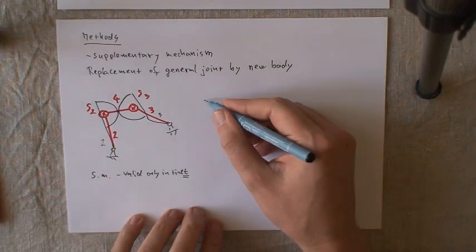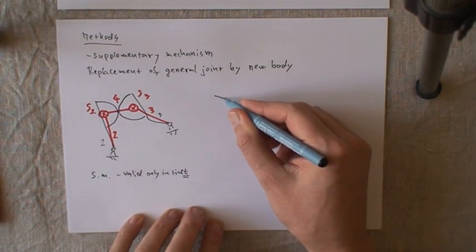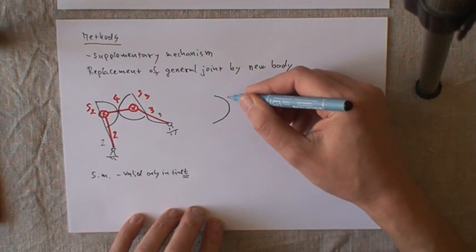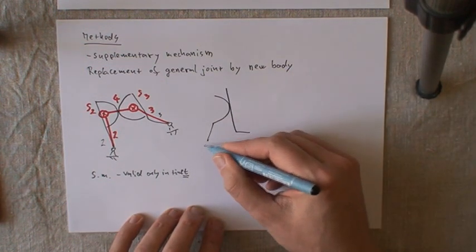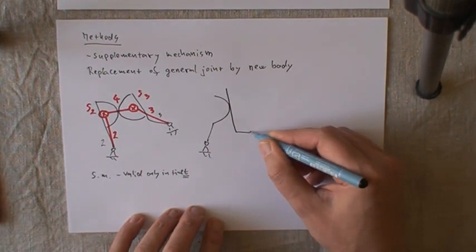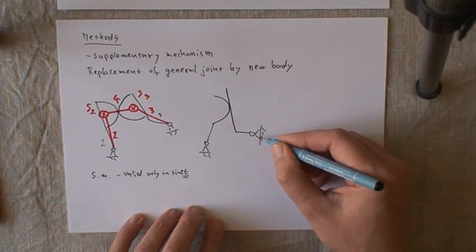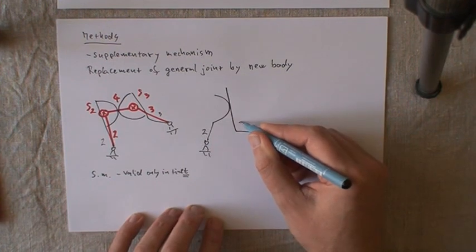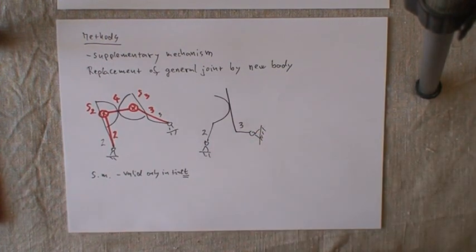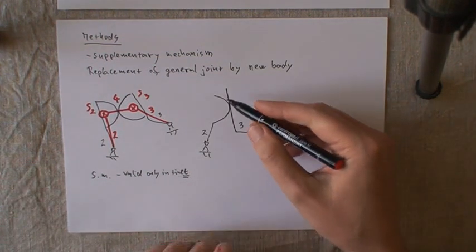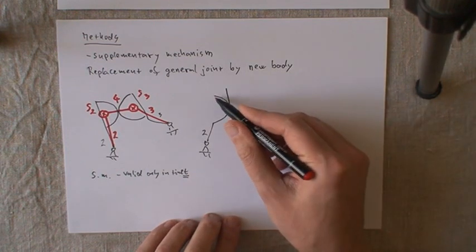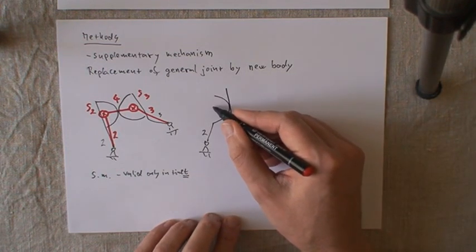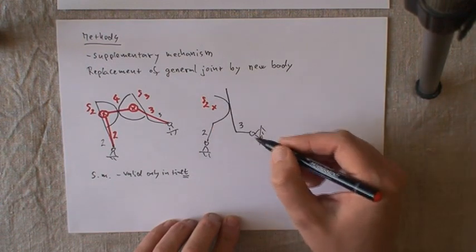Now, the second case is when we have a curve and a line. Again, let's, for example, put the rotation links here, number 2, number 3. So in this case, the curvature radius in here is infinity, while for this curve we have S2 here.